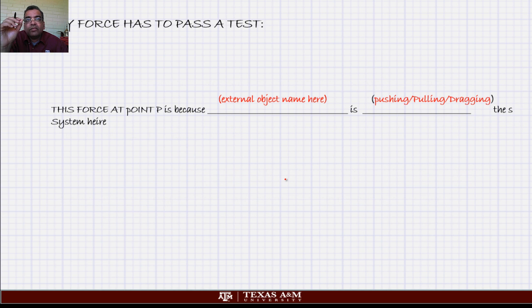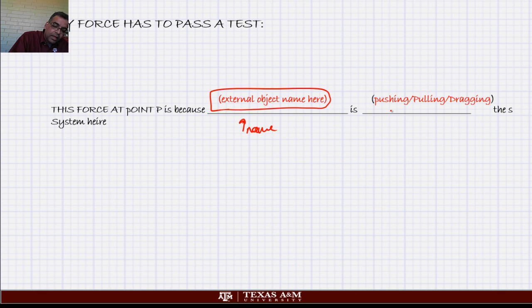Every force has to pass a particular test. A force at a point P has to be because some external object, which you should be able to name, is pushing, pulling, dragging the system here.